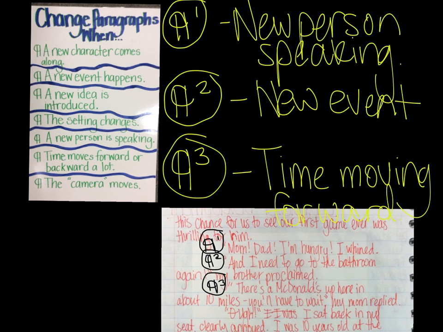So on your next available page, or maybe even on a half sheet on the next, the top blank part of your page on the following page, it doesn't really matter. As long as you put at least 3 different spots where you should have changed paragraphs in your previous work and explained the reasons from our poster over here as to why you need to change paragraphs.